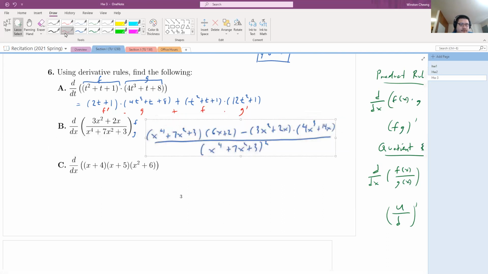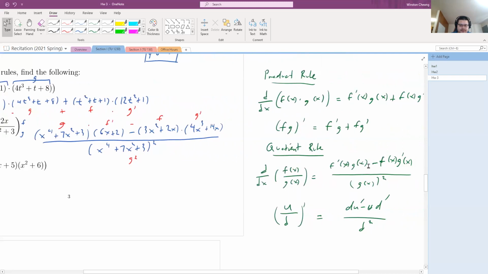That should be enough space. Yeah, so what I did was g times f prime minus f times g prime over g squared, which matches with this guy, except I just swap the f prime and the g. Okay.